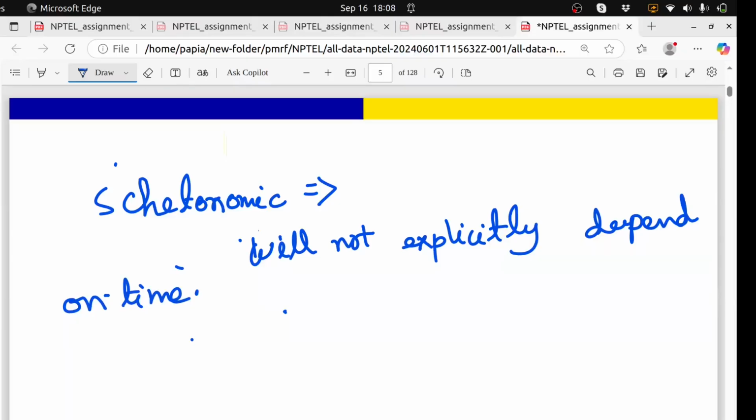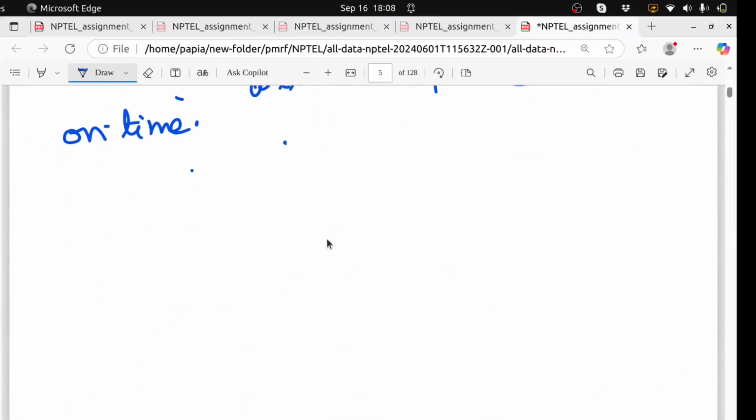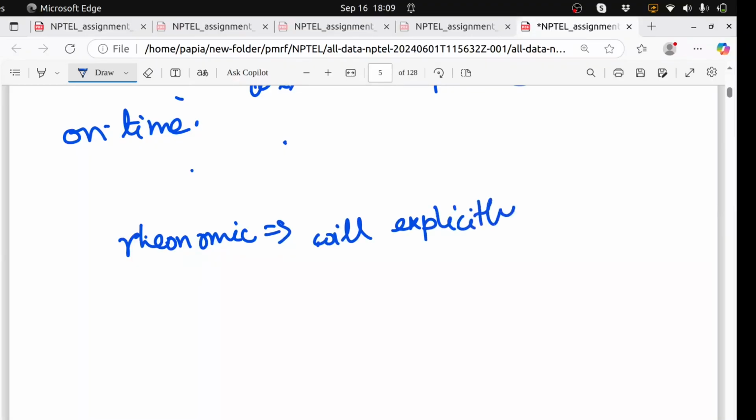So this will be a scleronomic one. Now coming to the fourth option, a rheonomic one. Rheonomic means the constraint will explicitly depend on time. Okay, so these are the four conditions.